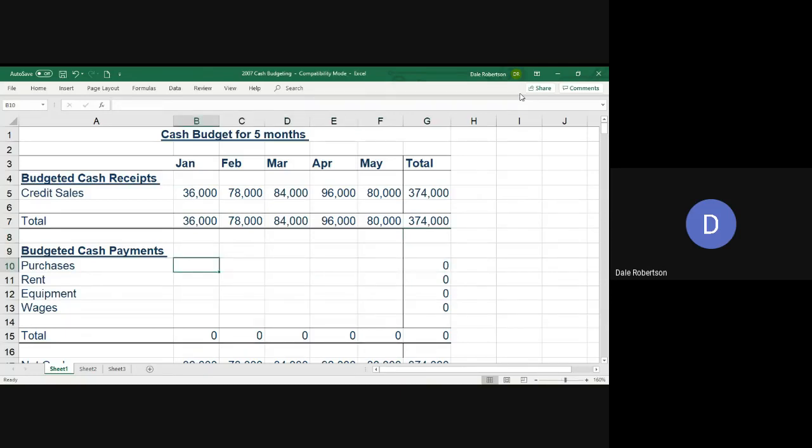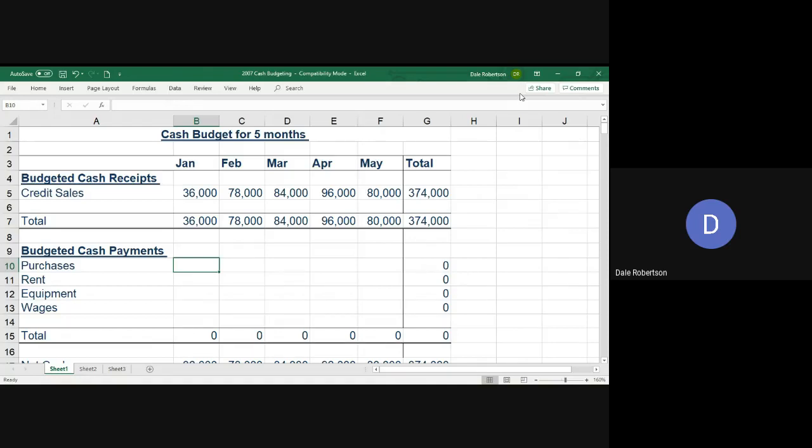We go down to the cash payments, and this is where we look at the second sentence, which is regarding purchases. It says all purchases are on credit, except for 12,000 euro in May, and are paid for 1 month later. What that means is that the things that we buy in a particular month, we do not pay until the following month.